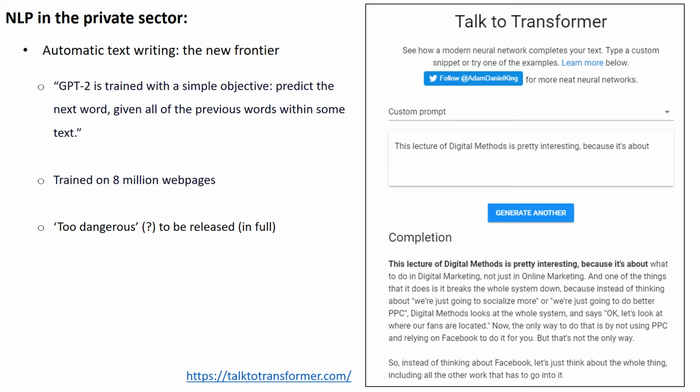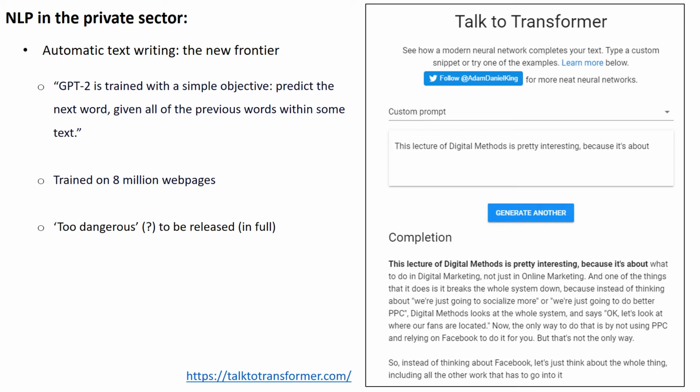So it looks at the order of the words in these 8 million web pages and the co-occurrences between words in a sentence, etc. And based on the relationships of these words, it can guess what the next word is. It not only guesses the next word, but also the word after that, and after that, based on the previous words.